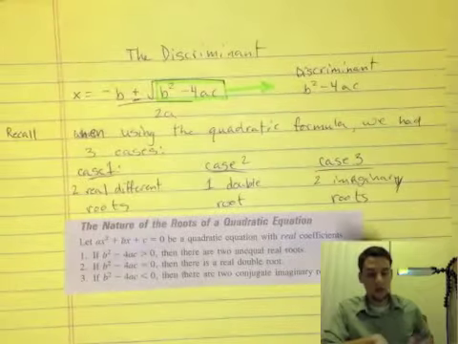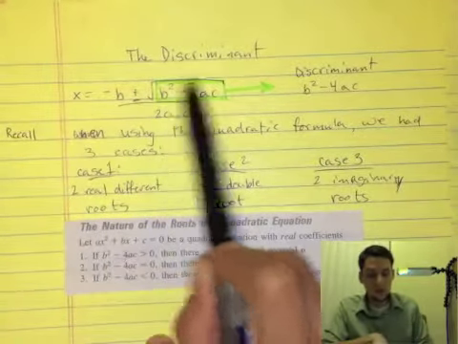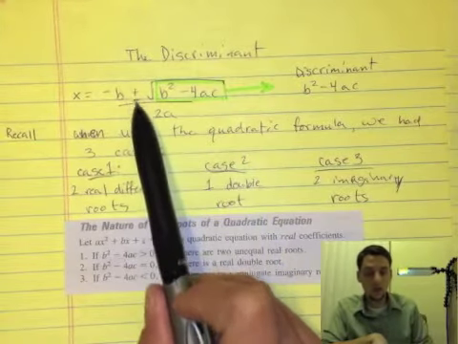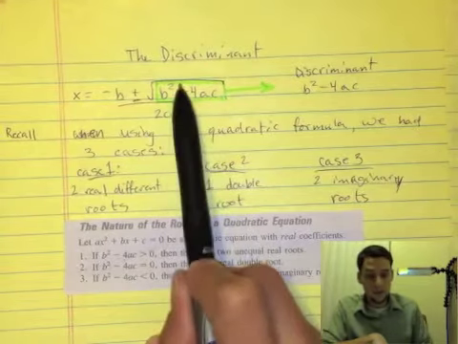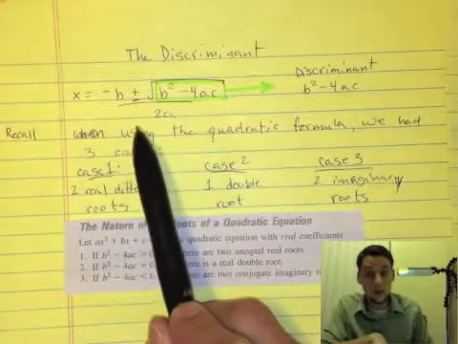So, we can see this. If the discriminant is greater than 0, then the square root of this will be a real number. So we'll get two solutions with our plus and minus, and they'll be real solutions. If this is 0, then we're plus and minusing 0, so we'll get one solution.